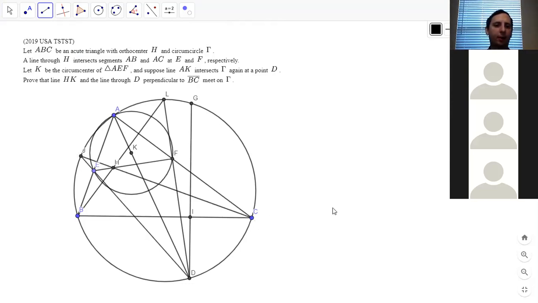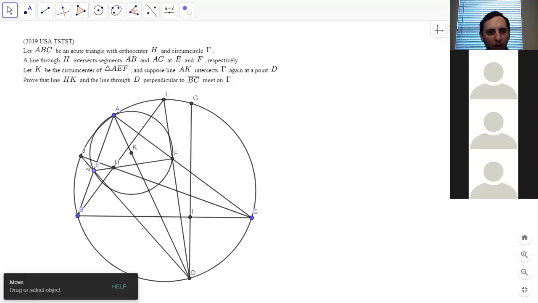Yeah, and no, that is obvious by Pascal's theorem, because if we let DE meet the circle at J and we let DF meet the circle at L, then it would have to be true by Pascal's theorem. Okay, so we have that information.